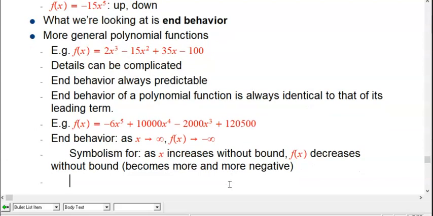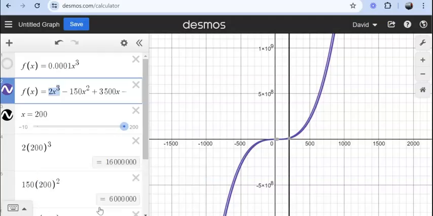Okay. And what's the other end behavior? As x goes to minus infinity, that's putting in bigger and bigger negative numbers. You want to think of that on the graph as going further and further left and seeing what the y values do.